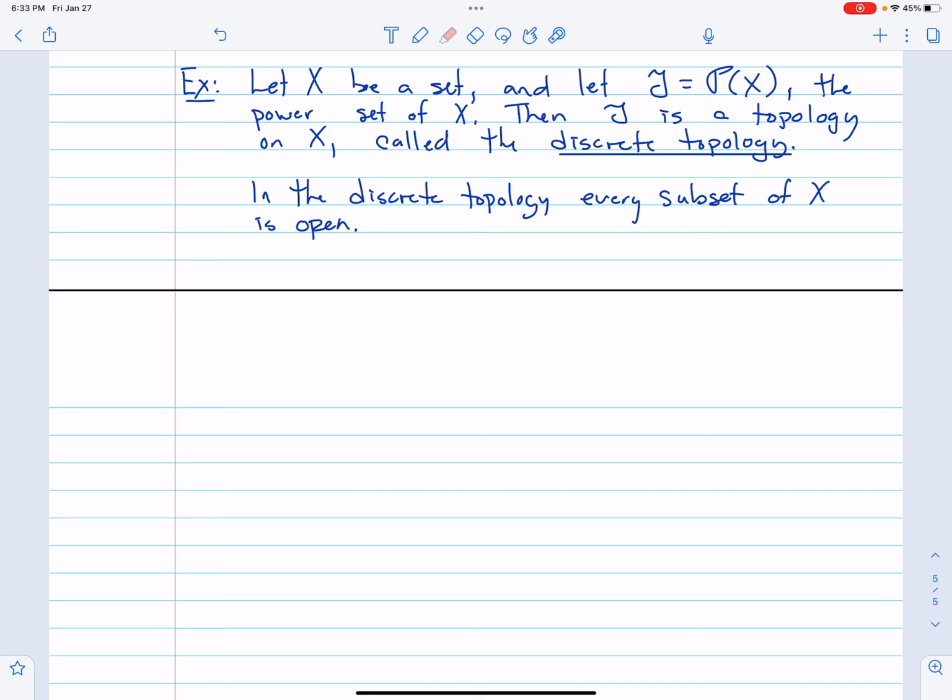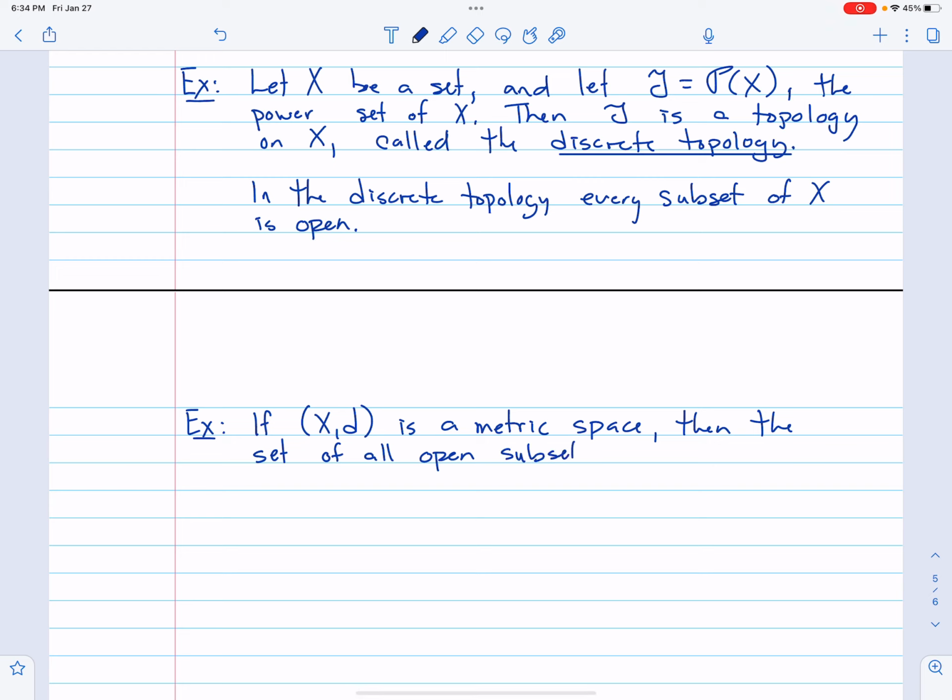Another example, which shouldn't come as too much of a surprise to you, is if (X, d) is a metric space, then the set of all open subsets of X in the metric d is a topology. Remember, if we have a metric on a set, then we can use that metric to define open balls, and we can use those open balls to define open sets.